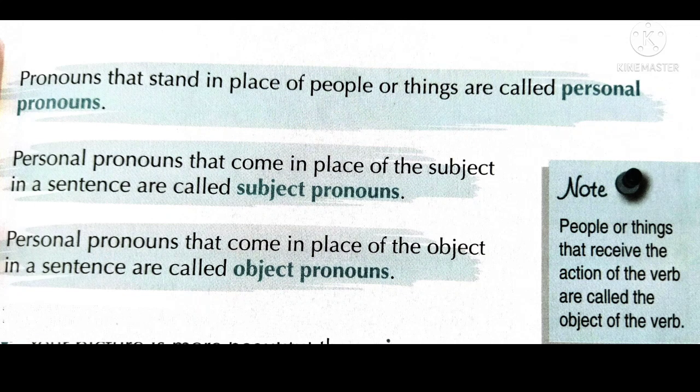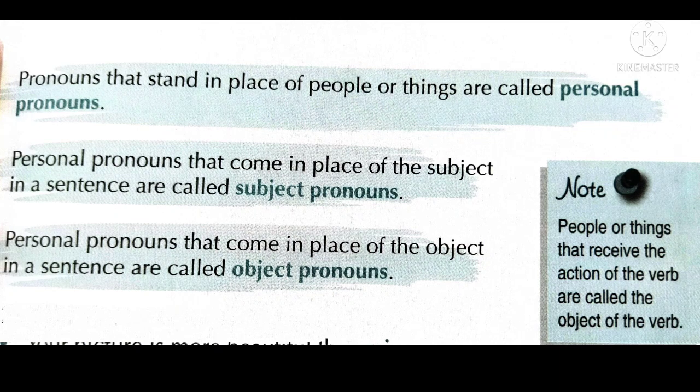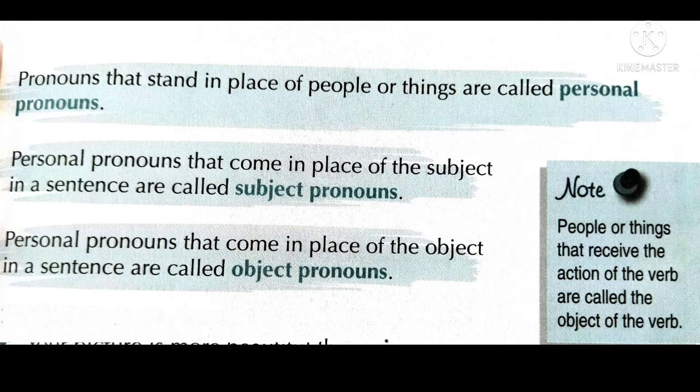Remember, personal pronouns are so called because they stand for the three persons. The pronouns which refer to the person or persons speaking are called pronouns of the first person, like I, we, me, us, mine, and ours.